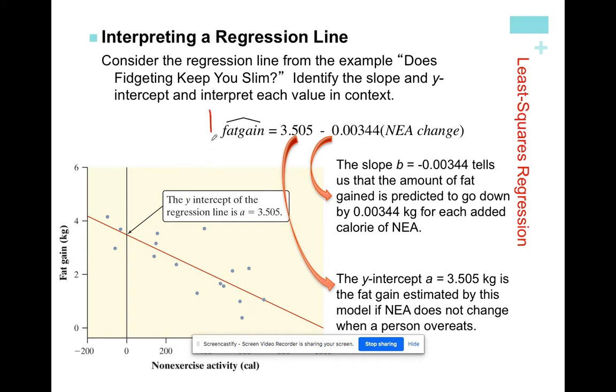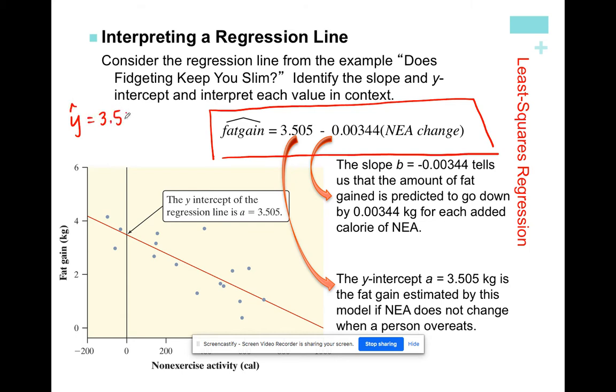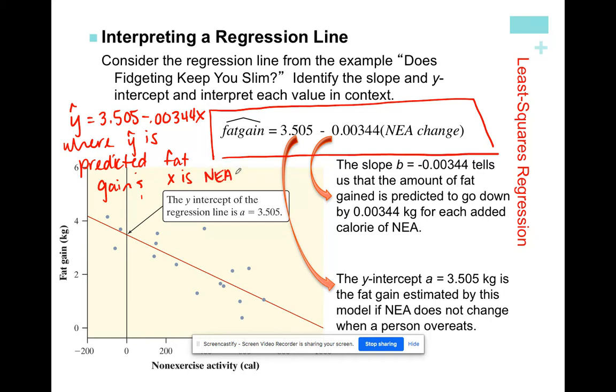Your book likes to write equations in this way, where instead of using a y hat and an x, they put the variables in here. Something that you really should be doing is, if you do write it this way, y hat equals 3.505 minus 0.00344x, you should then say where y hat is the predicted fat gain and X is non-exercise activity calories.